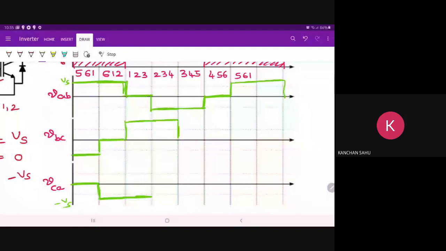So it will be like this, and this is 0. Clear?